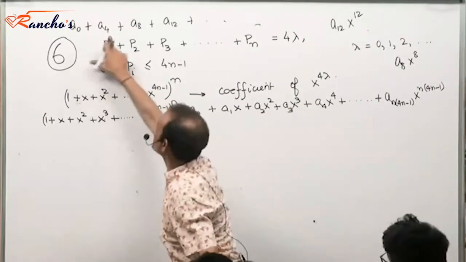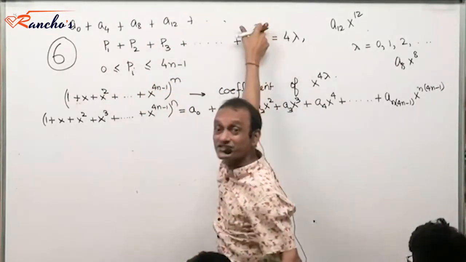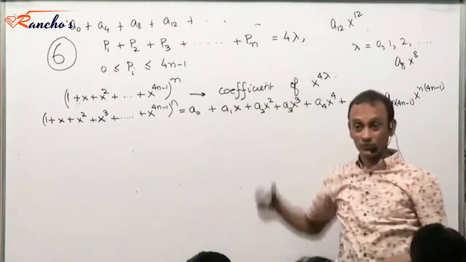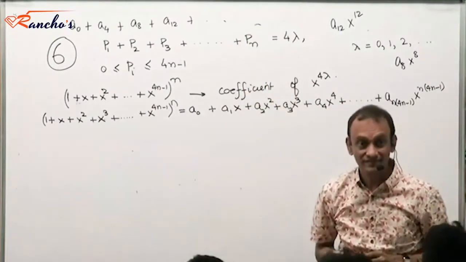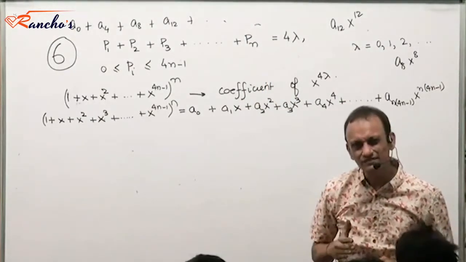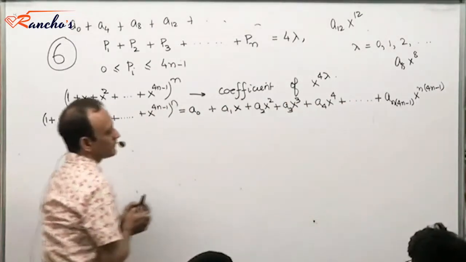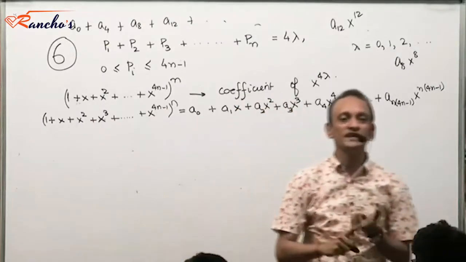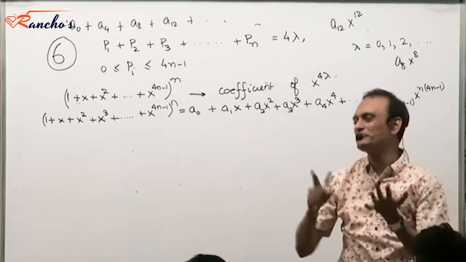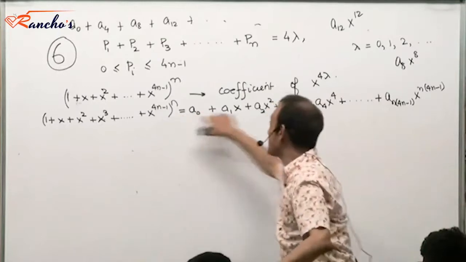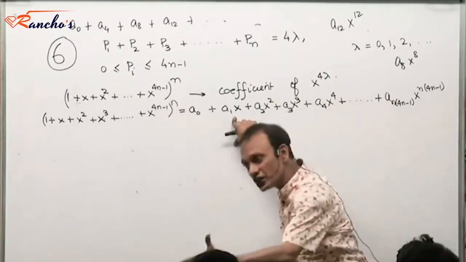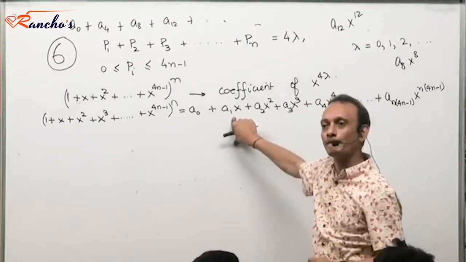So I'm seeking the sum a0 plus a4 plus a8 plus a12, etc. Okay. So now I have this, and I want to find a0 plus a4 plus a8 plus a12 plus so on. And is it an equation or an identity? It's an identity.